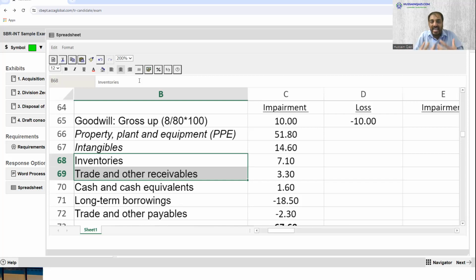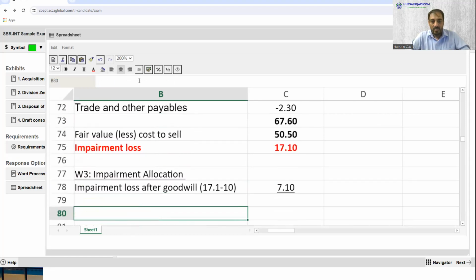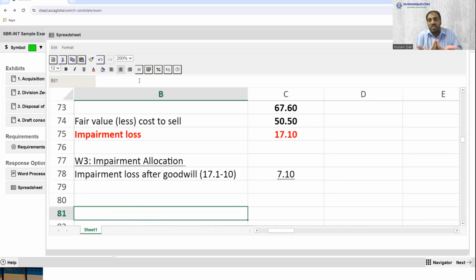So we will assume that inventory and trade receivables are already at their realizable amount. Because if no information is available about inventory and receivables, we need to take this assumption. This will be more rational.